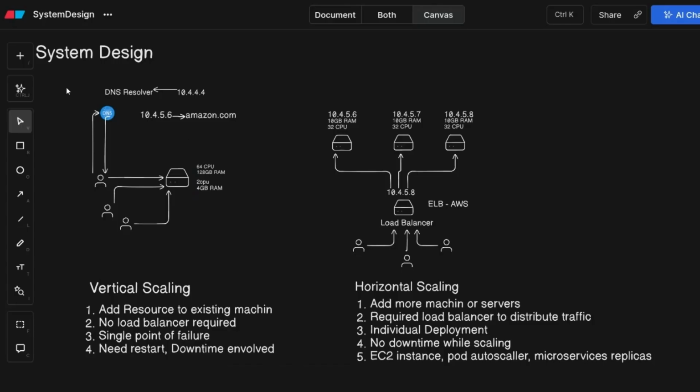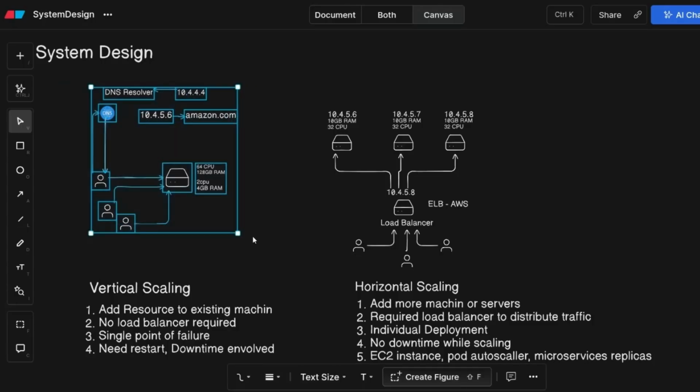Vertical scaling is mostly used in monolithic applications where only one code base is involved. But horizontal scaling is required in the microservice architecture, where we have multiple services, like order service, payment service, product service.